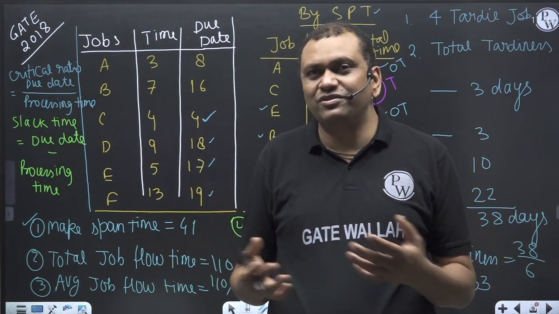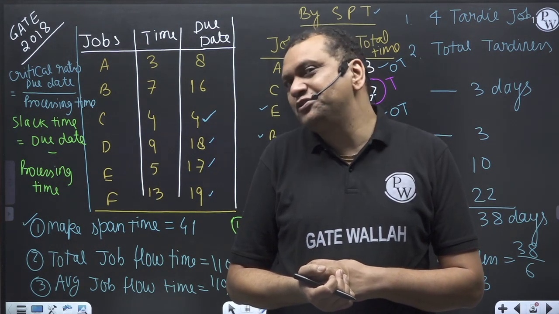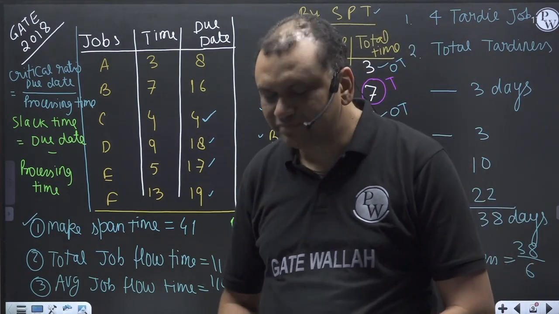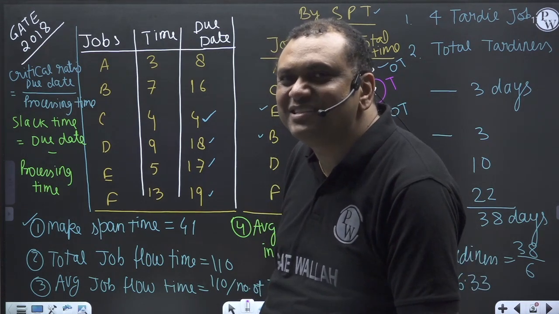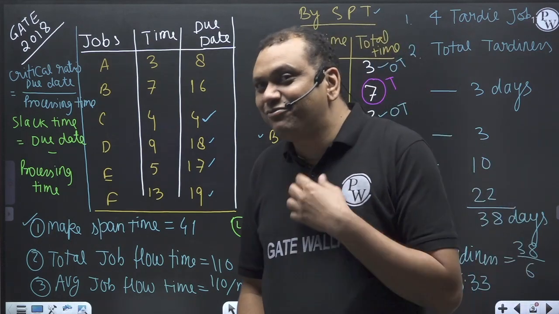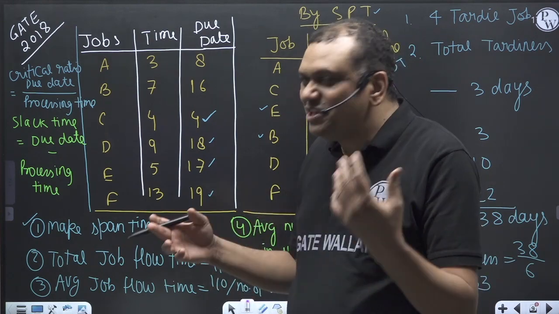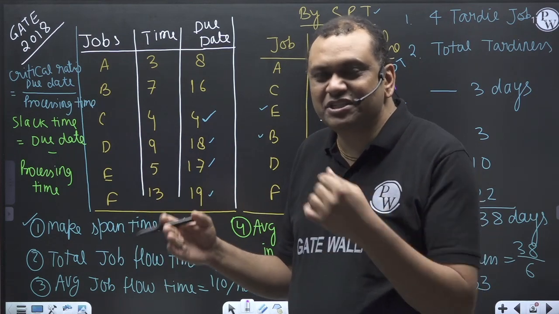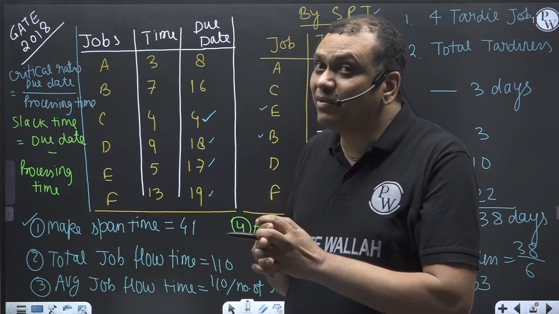If you want to know the average number of jobs in the system, why are we interested in it? In a flexible manufacturing system, if there are too many jobs in the system, it creates a problem.